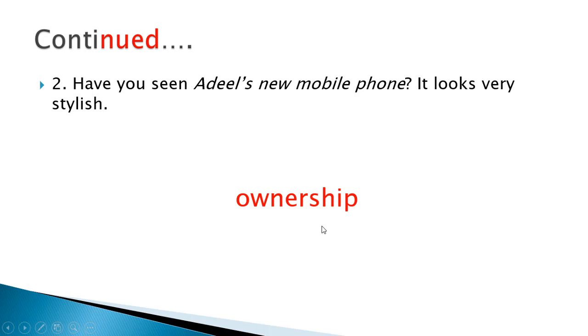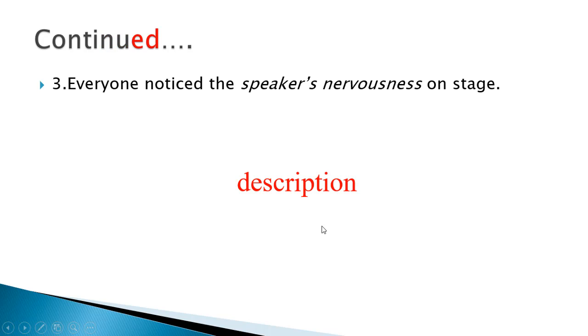Next we have a sentence: everyone noticed the speaker's nervousness on stage. Here, speaker's nervousness is in italics, so it shows the description.